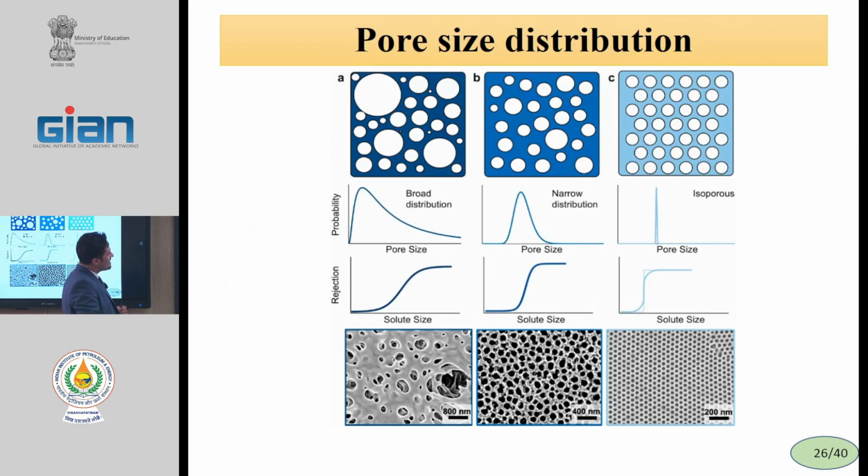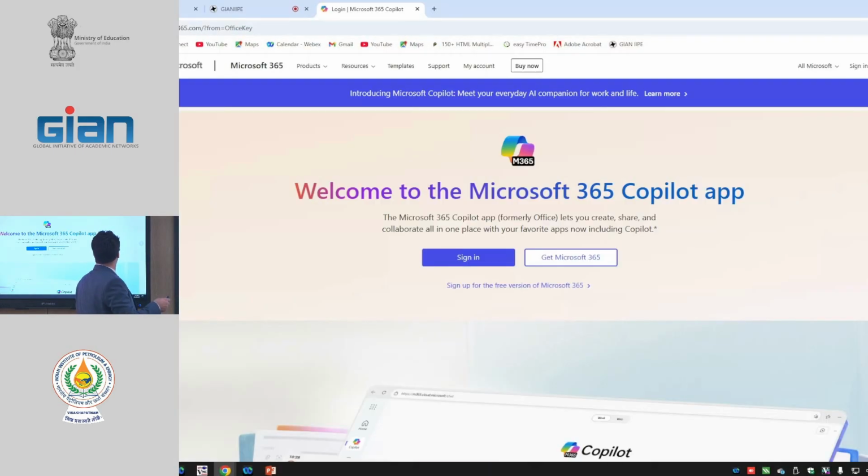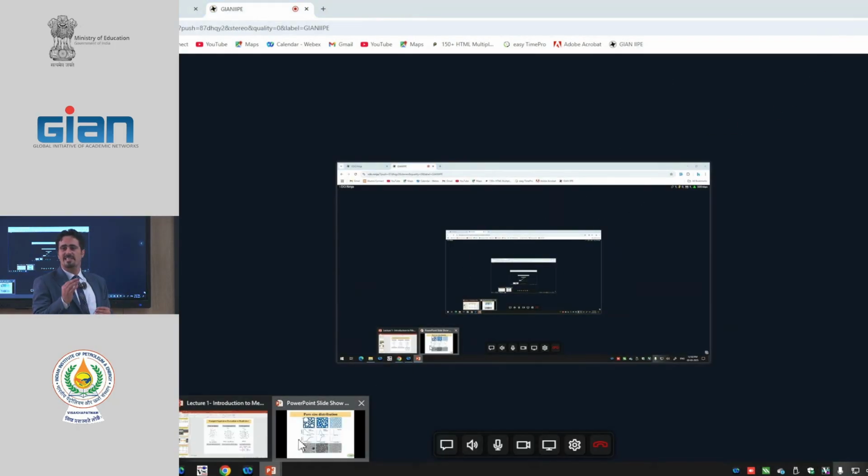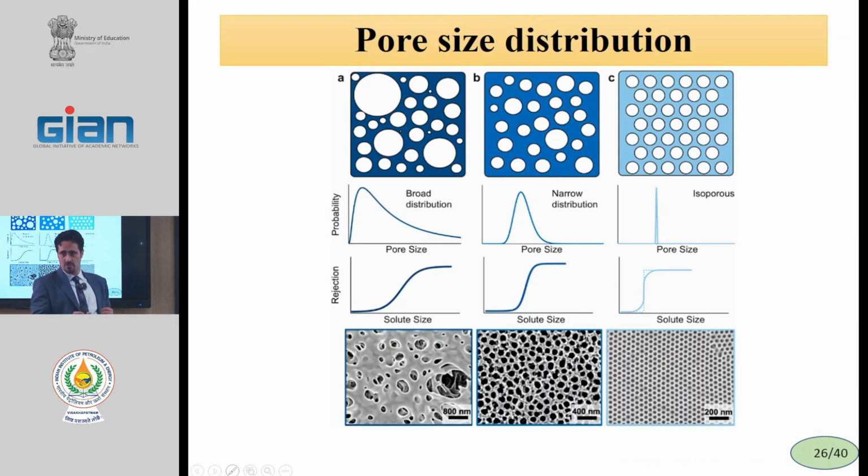But usually, we prepare this membrane, where we have very big pores and very small pores. Therefore, when we have different pore sizes, the rejection will be reduced, the selectivity will be reduced, and the fouling increases.